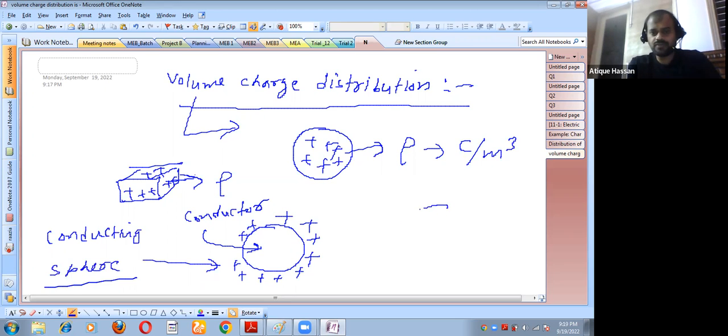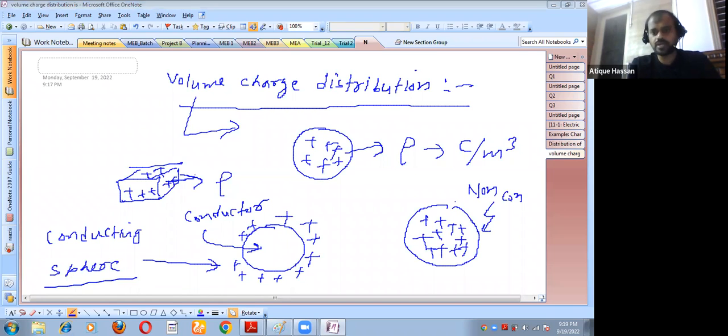But if someone is saying the charge is fully distributed within the volume, then it must be non-conducting. So on a non-conductor, we can give charge within the volume, right? But in case of a conductor, all these charges appear on the surface.